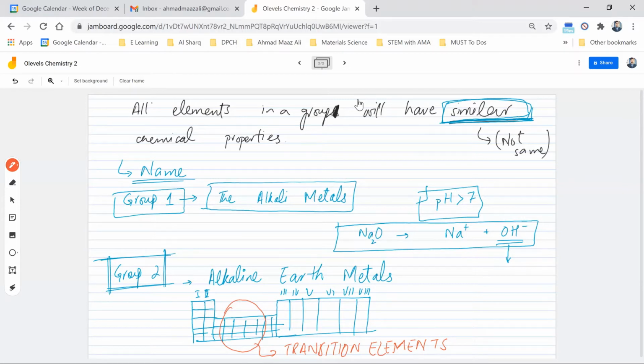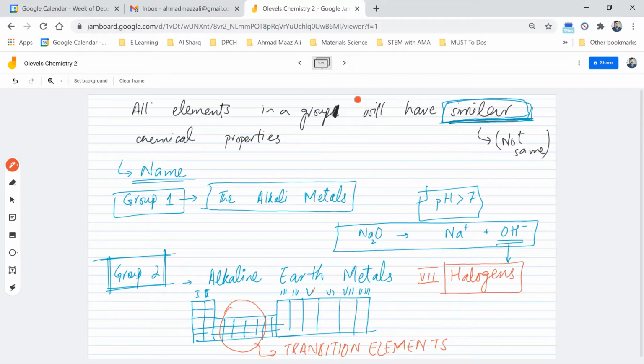Groups 3, 4, 5 do not have a very specific name. There are some qualities, some similar properties in them. We will talk about them as well. Let's talk about group 7 first. Group 7 elements are called halogens. Do you know why they're called halogens?